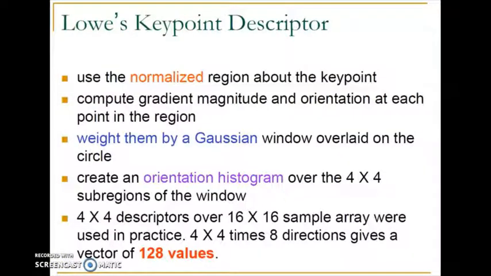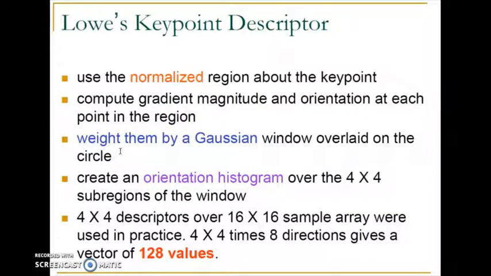Last but not the least, we have to compute the SIFT key point descriptor. Once again, the steps are mentioned over here. We use the normalized region about the key point in order to calculate this descriptor. We compute the gradient magnitude and orientation at each point in the region, and we weight them by a Gaussian window overlaid on the circle.